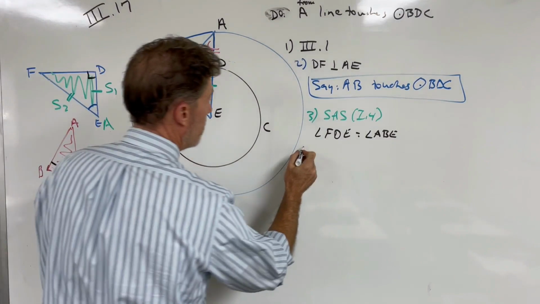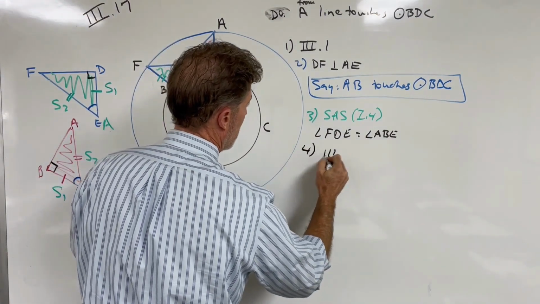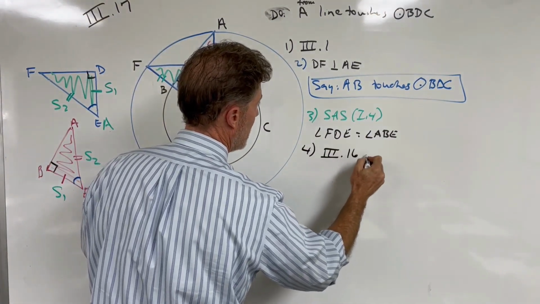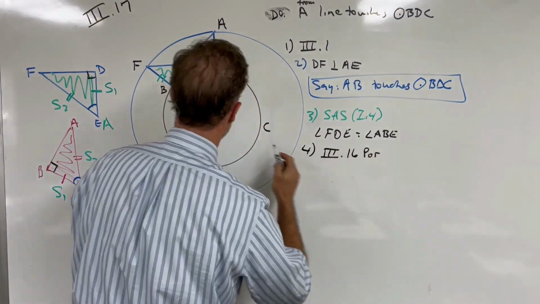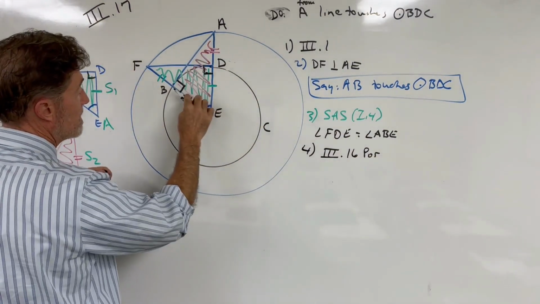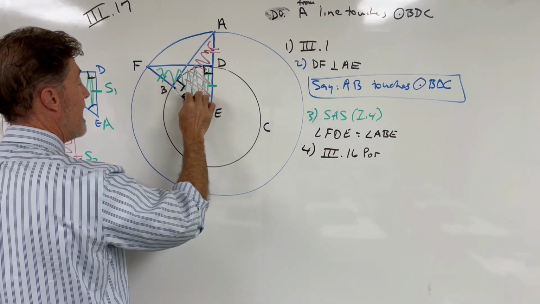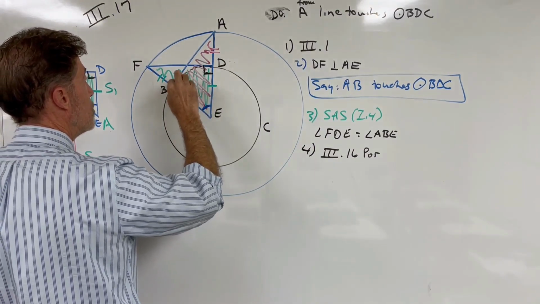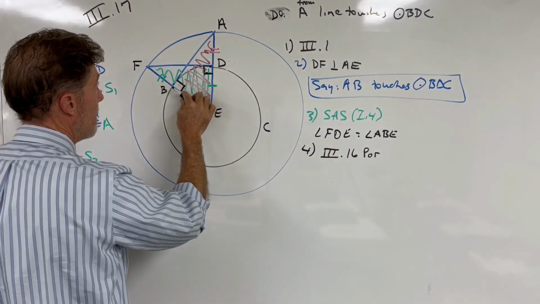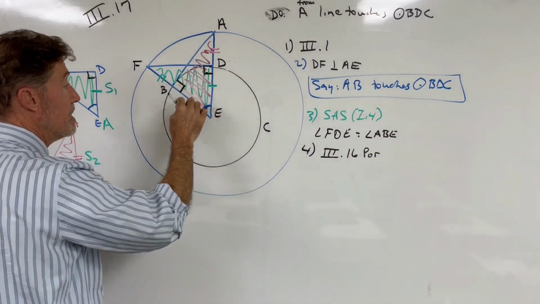Now we just have to notice our previous prop 16, the porism, says that when you have a diameter, or in this case a radius, which is half a diameter, and a line is drawn from the extremity of that diameter at right angles to it, then that line touches the circle.